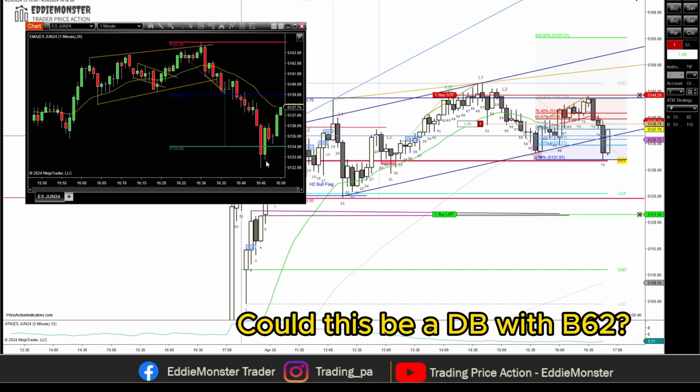Could be a double bottom, but it's three good bear bars, so we need to trust in the spike. So 50% we should find here at EMA. 50% makes total sense here below 74. We should find sellers there.